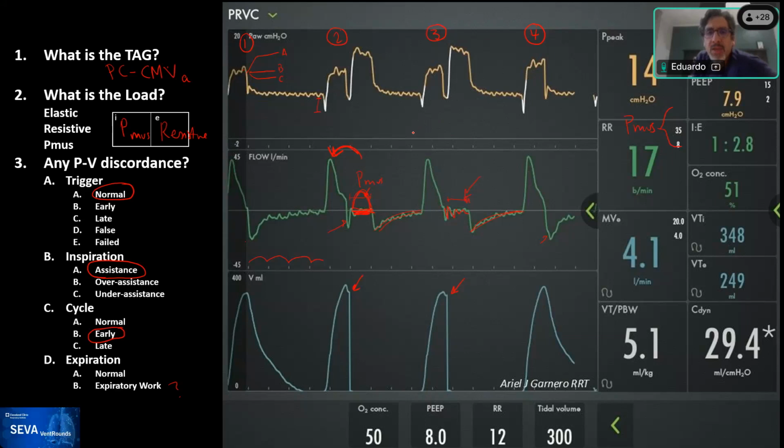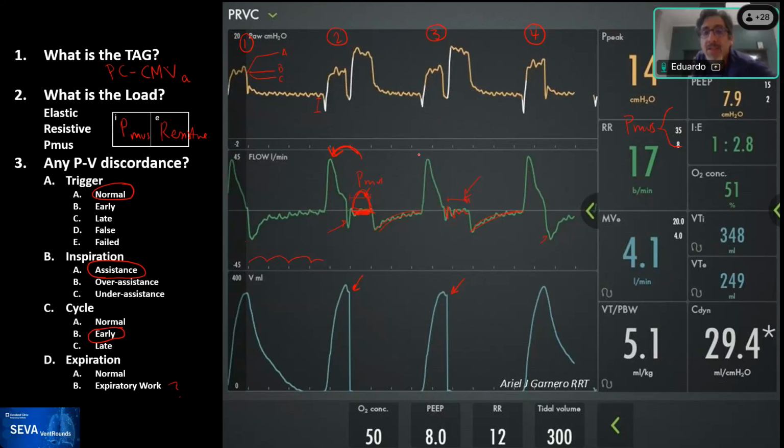So how would we solve this at the bedside? How would this help us understand it? If you start thinking through this, just for the sake of time, one, you could change the trigger threshold to try to make it harder and see if that highlights whether this is PMOS or truly an artifact.